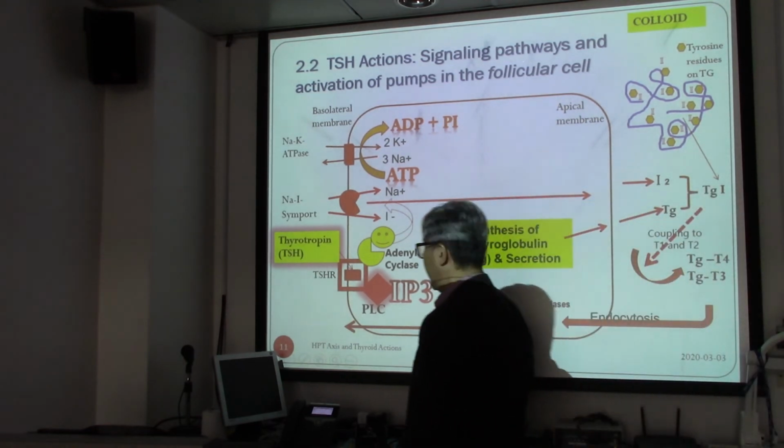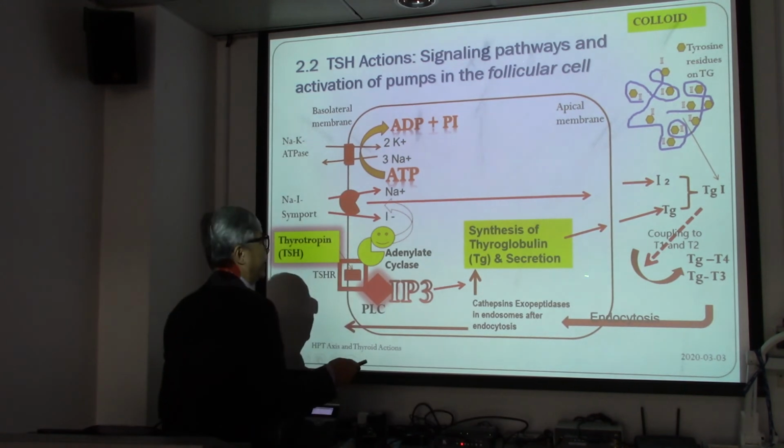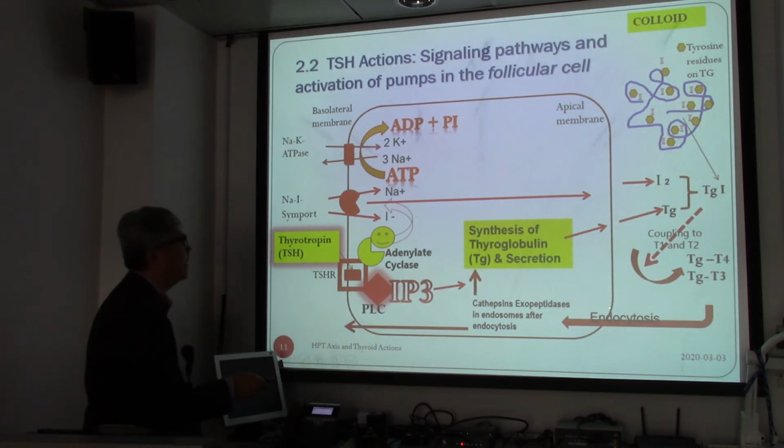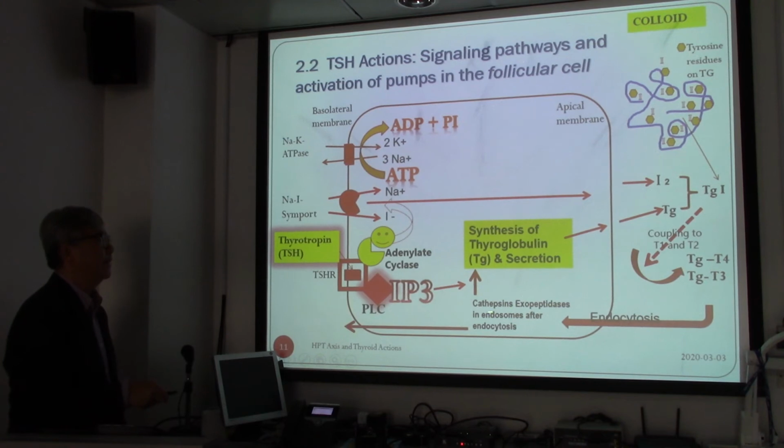And then in the endocytosis pathway, the exopeptidase could remove those unused or recycled material back into this pathway, cycling back and forth, synthesizing thyroglobulin. So the major job of this apical membrane going in this direction, and the major job of these follicular cells is on the outside of the colloid. The colloid, of course, is a huge part. And then this is the cell.